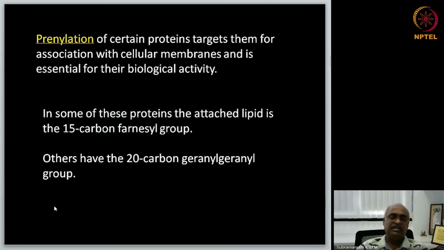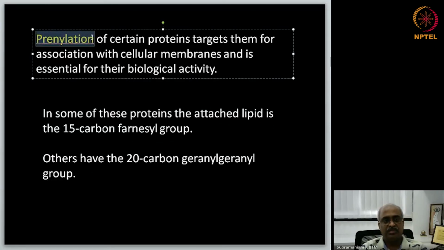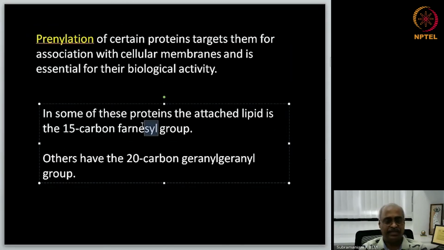Similarly, there are other groups that can be added. One of them is isoprene group addition to proteins, a covalent attachment, and that is called prenylation. Sometimes this is a farnesyl group attachment, so that is called prenylation as well. If you want to be very specific, farnesylation.